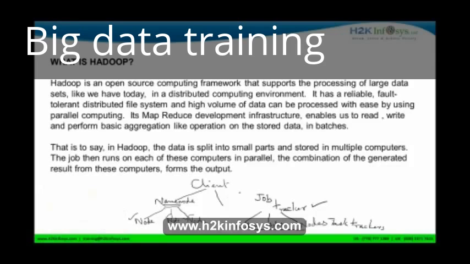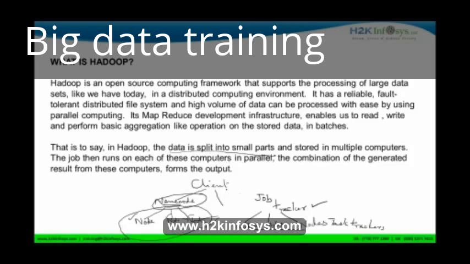Okay, so as you can see, in Hadoop, the data is split into smaller parts. That is done by this server and is stored in multiple computers. Those are those servers, those machines. And then the job is run on each of these computers in parallel.